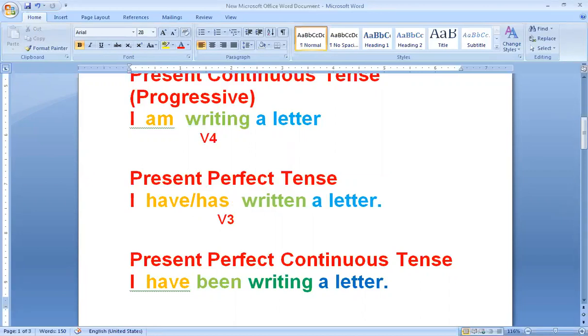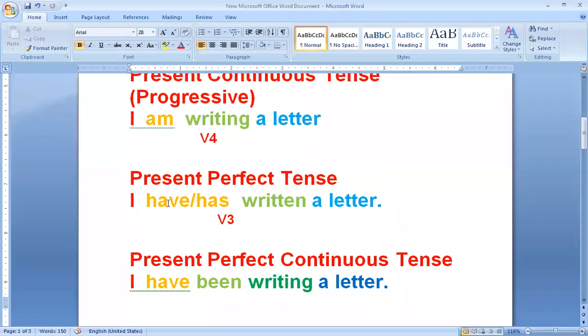Now, when to use have and when to use has, it's important. Have is used with I, though it is singular. Have is used with other plural subjects. For example, we have, you have, they have, students have.